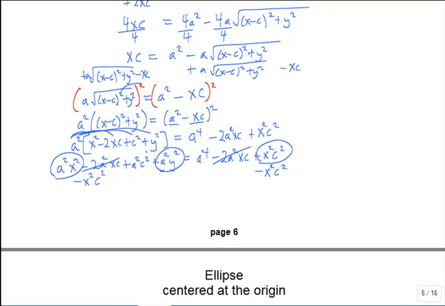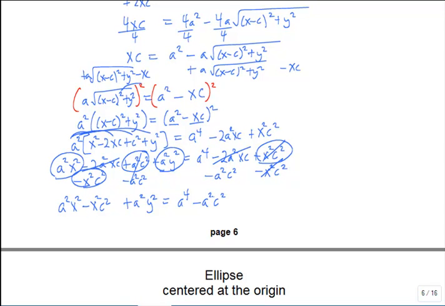And this does not have an x or a y, so I'm going to subtract it over to the right side. So what we'll have left is a squared x squared minus this x squared c squared. This is gone, and then we have our a squared y squared. These are gone, and on the right side I have that a to the 4th minus that a squared c squared.